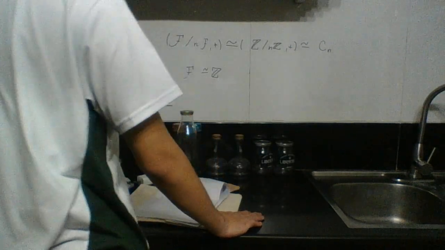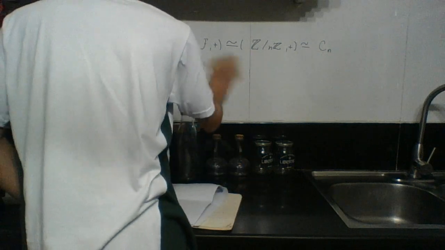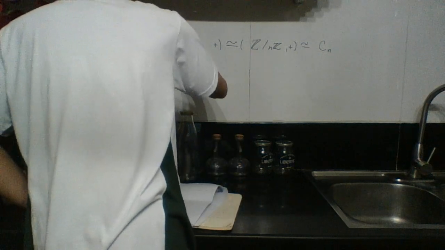But that's something we're gonna explore for another footnote. So for this one here, what is our isomorphism between F and Z, the integers?